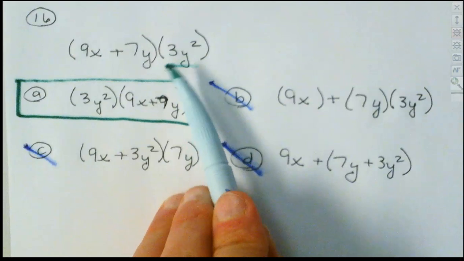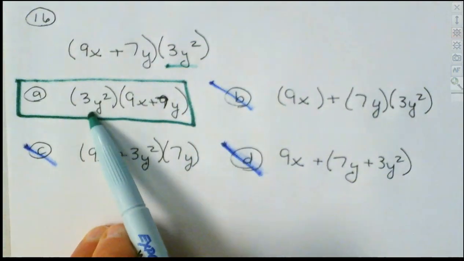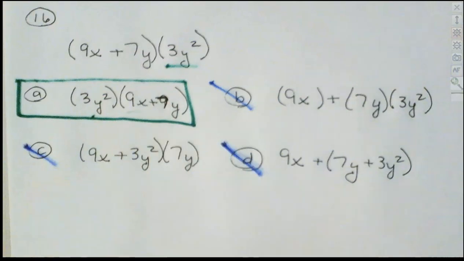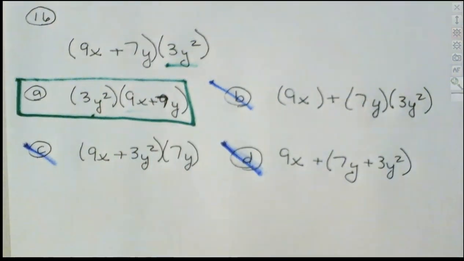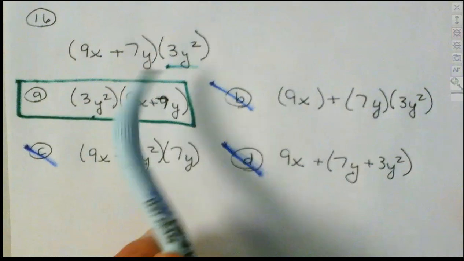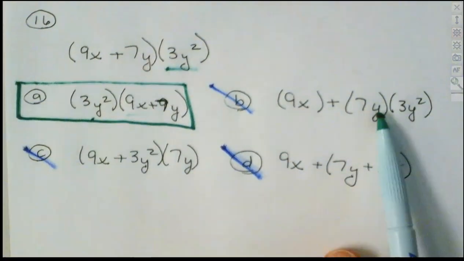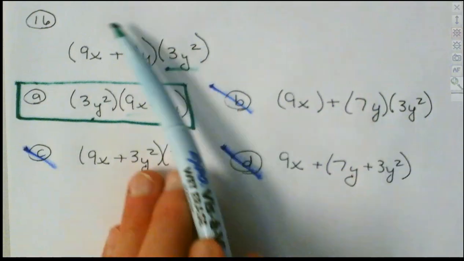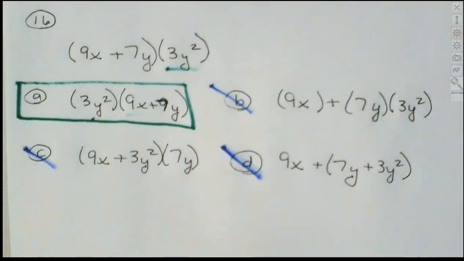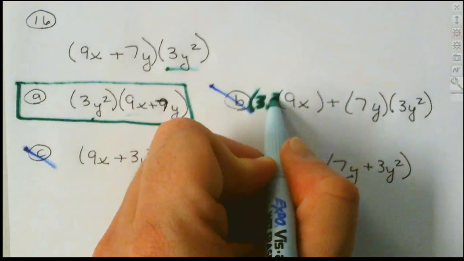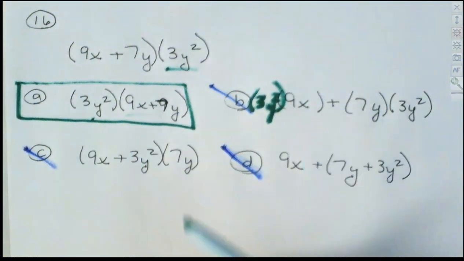So I can put this 3y squared in front, and it'll be the same. I can rearrange the order of the terms inside, and it'll be the same. Remember, you can switch the order. You just can't change how things are put together with the groupings. And this doesn't work because, again, that would have to be distributed through each part. If you had a 3y squared there with that as well, that would work.